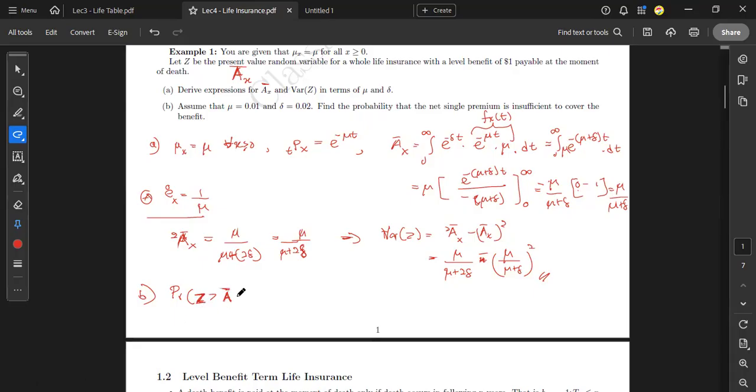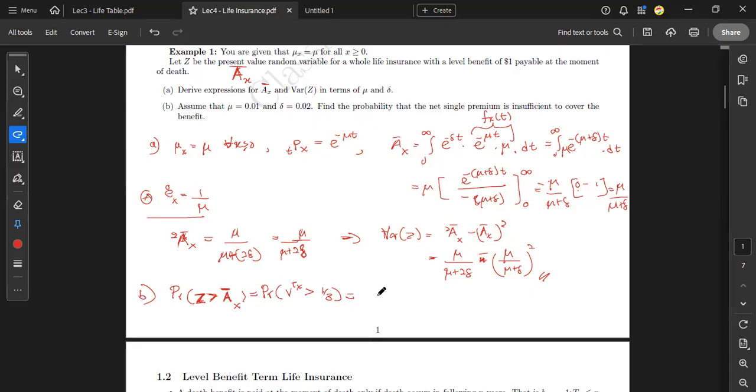So the actuarial present value should be less than the random variable, or in other words, the random variable is greater than the actuarial present value of this payment. And the actuarial present value is equal to this, and we know the values of this, which is 0.001 divided by 0.003, this is 1 over 3, and Z is v to the power Tx, and this is 1 over 3.